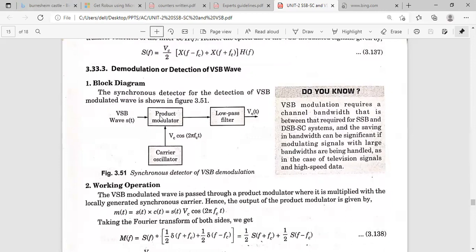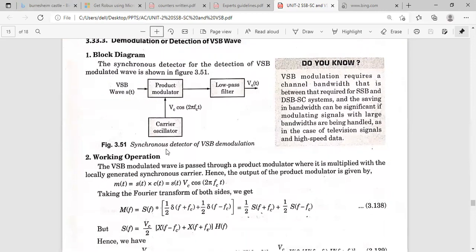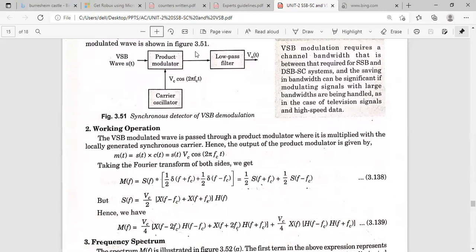Okay, so what is the input to this product modulator? The VSB signal is the input, and this is multiplied by the local carrier so you will get the demodulated output. After that it is passed through the low pass filter. It will only allow the lower frequencies.